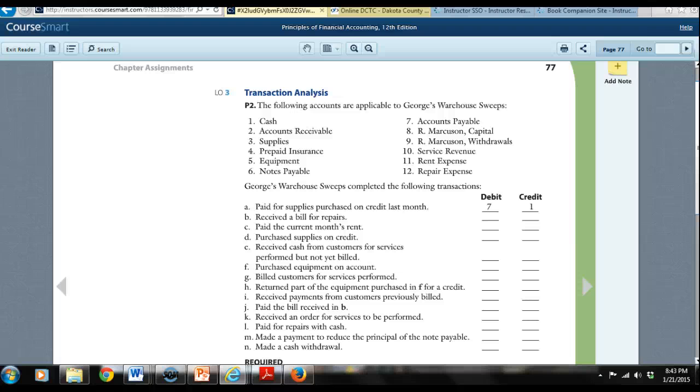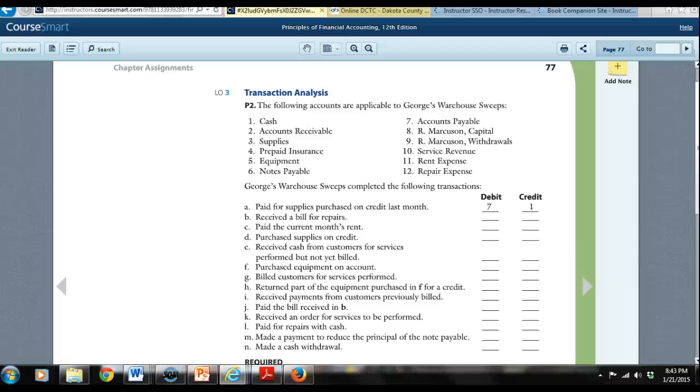A receivable means we're going to get it. So when we purchase supplies on credit, we're going to increase our asset, which will be a debit, and we will increase our payable, which would be a credit.